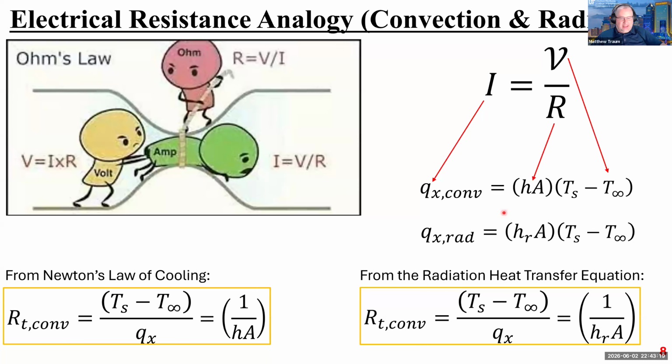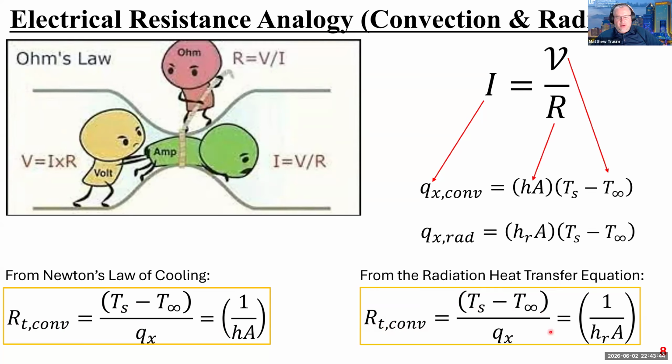And so I can do exactly the same thing that I did before for conduction, but now I'm doing it for convection and radiation. I'm going to have a resistance for convection, and that's just my temperature difference divided by Q, which is 1 over hA. And I'm going to also have it for radiation. I'll change this in the final slides.